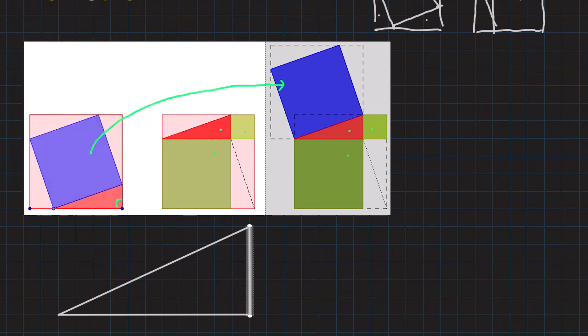Now, I'll label these two A and B. If you use letters in sequence, that just means that those two shapes have the same sort of properties. They're similar to each other. And what it means in this case is A and B, it doesn't matter which way round they are, but they are related to each other by the right angle.